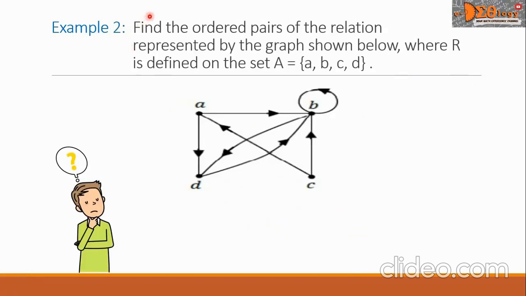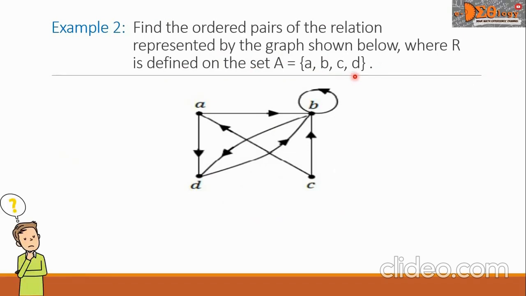Example 2. Find the ordered pairs of the relation represented by the graph shown below, where R is defined on the set A with elements A, B, C, and D. For our solution, let's begin with the point A. Let us identify all arrows that goes out from point A going to another point.